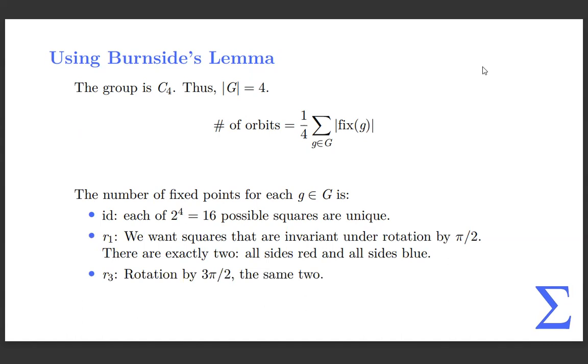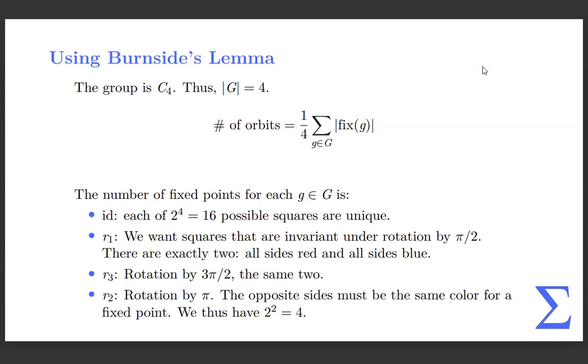This is where the reasoning gets tricky: how do you actually think about these fixed points? Because you have to think about the group's action on the set. And for rotation by pi, for these to be invariant, opposite sides must be the same color. So we get 4. How do I get 4 there? Anyone?